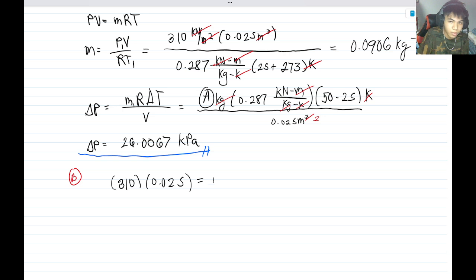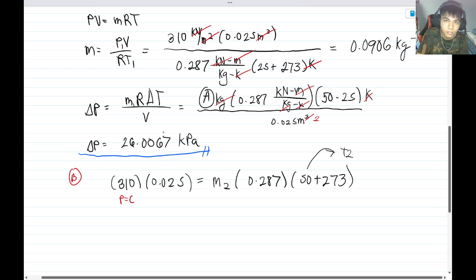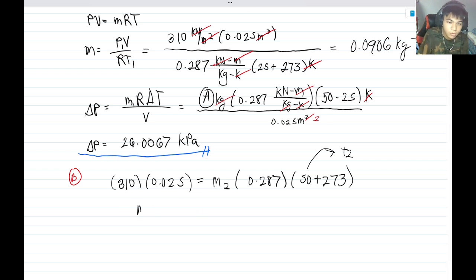It's equal to M. This is M2. Then 0.287 times 50 plus 273. And we're maintaining the same pressure. Okay? And by shift solving, you can know that M2 would be approximately 0.0836 kg. We can store this to be B.